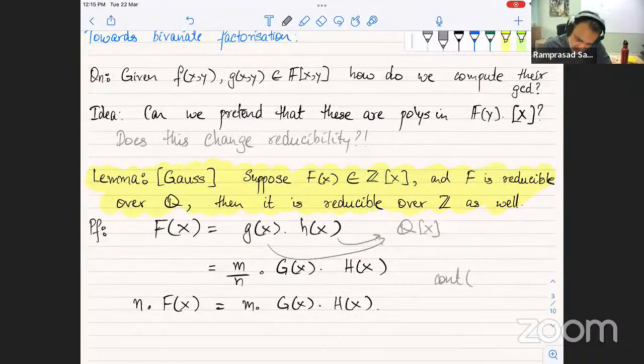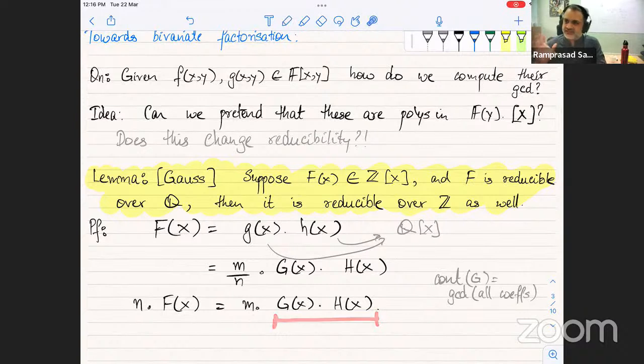So the content of a certain polynomial g is equal to the GCD of all coefficients. That is, whatever is the common factor that is present across all the coefficients. Okay, and I'm trying to show that the content of g of x h of x is equal to 1.